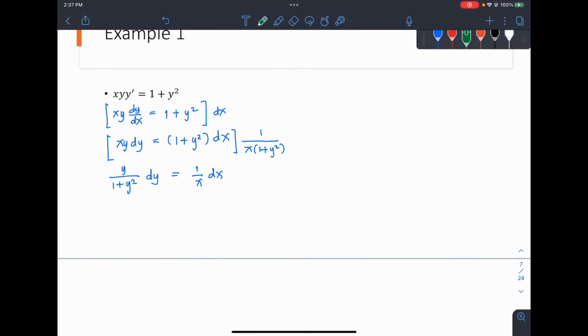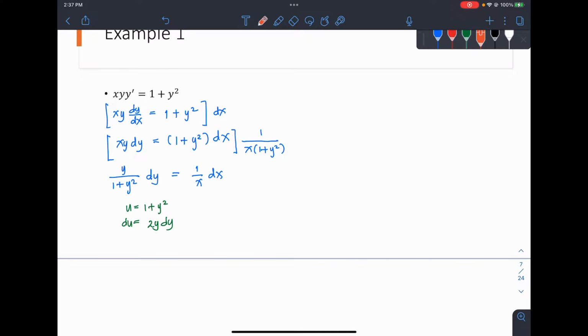Recall that if we differentiate the denominator and arrive at the numerator, then that will be a logarithmic function. In this case, our u will be the denominator, which is 1 plus y squared. Then our du will be, the derivative of 1 is 0, the derivative of y squared is 2y, and of course, do not forget the dy.